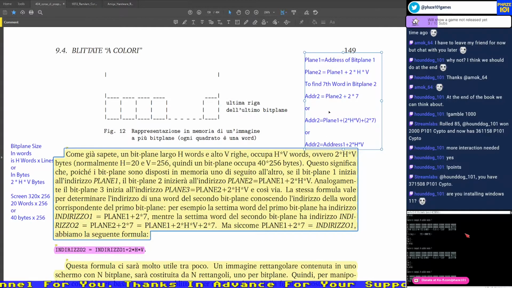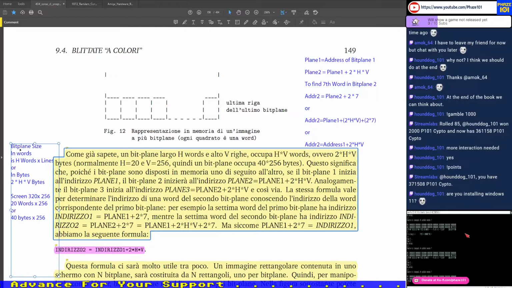So what he's saying here is, let's start from this side. We have a bit plane, which is in words. So we know that there are H words horizontally, and then there are a number of lines.